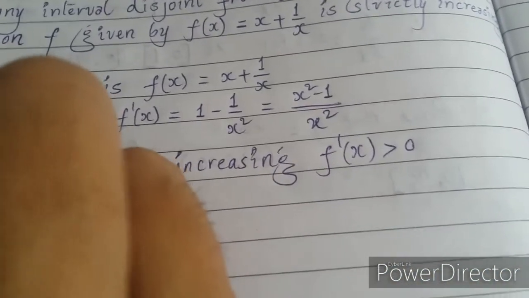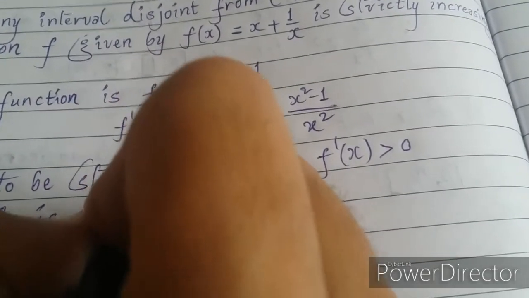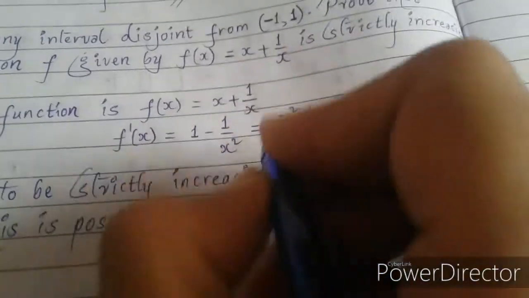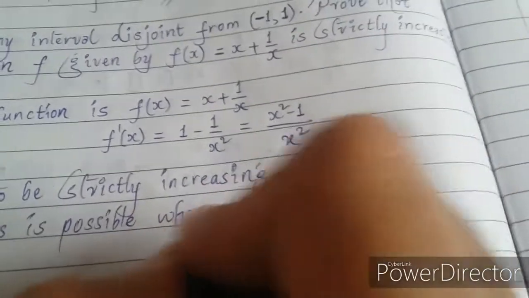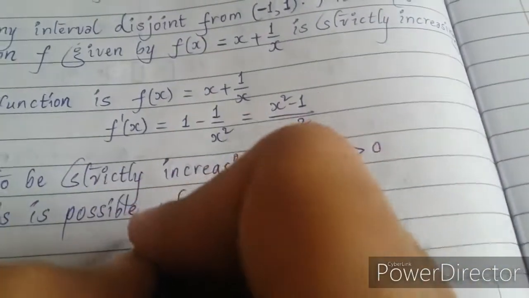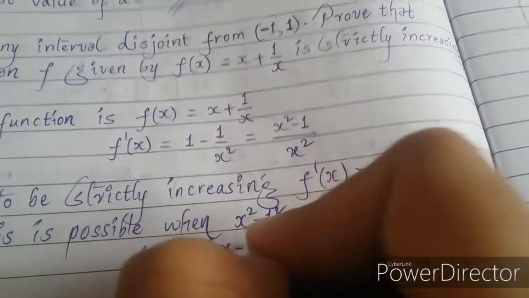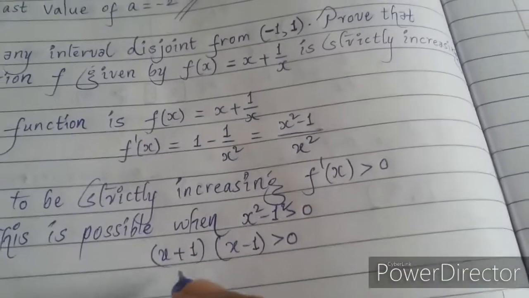This is possible when x square minus 1 is greater than 0. X square minus 1 means x plus 1 into x minus 1 greater than 0.